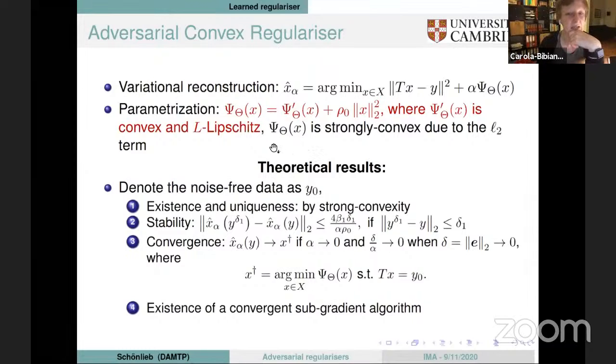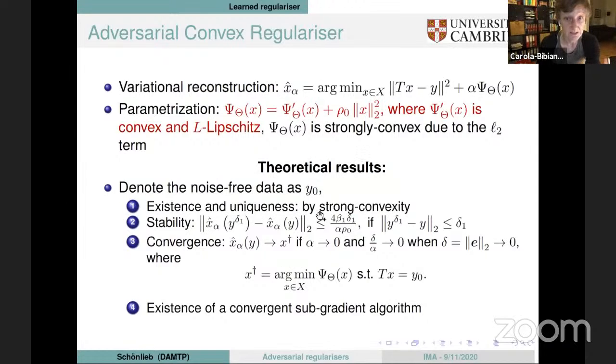So we looked at a parametrization of the regularizer that has, on the one hand, this psi theta prime, which is again a neural network that we make sure is convex, and a little L2 squared term that even gives us uniqueness by strong convexity. So what we get is existence and uniqueness.